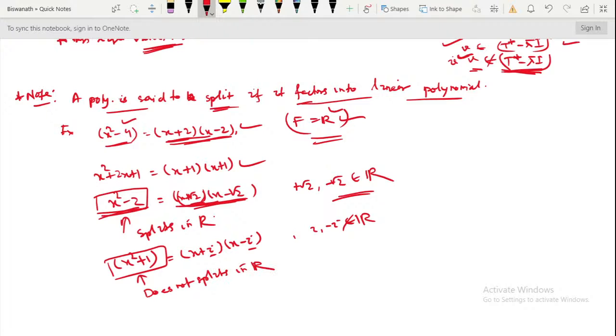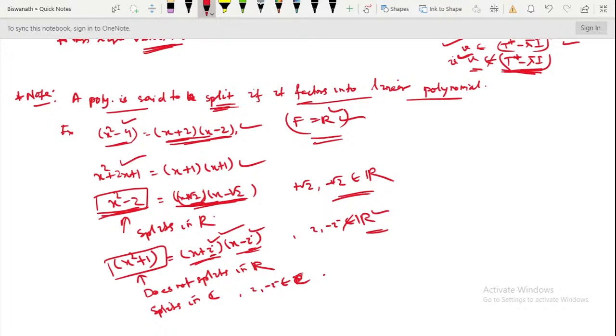Okay, because if somebody says this can be written as a linear factor, it can't be written as a linear factor in R, because whatever the i and minus i are, they do not belong to R. But everybody will say this splits in C, because this i and minus i belong to C. Okay, so this is the meaning of split.